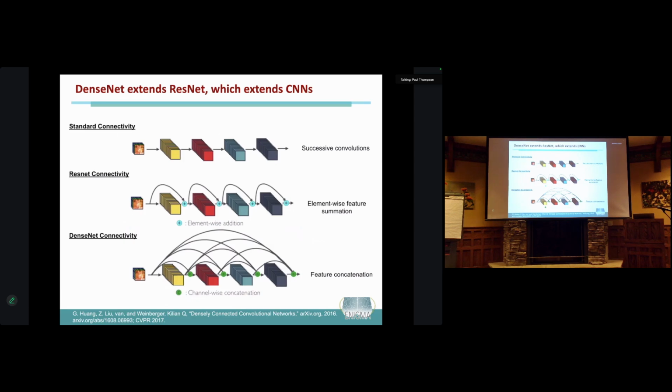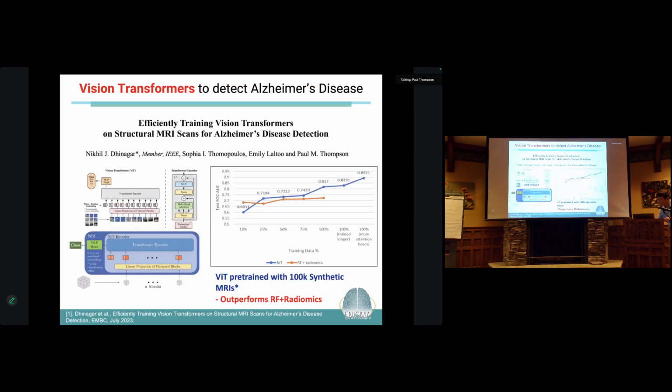The straight CNN has successive convolutions. Output is the next layer's input. ResNet has some skip connections that were introduced to avoid gradient blow-up or gradient decay. And DenseNet has loads of skip connections. It actually feeds data from the beginning to the end and to all of the intermediate steps, and that seems to help.